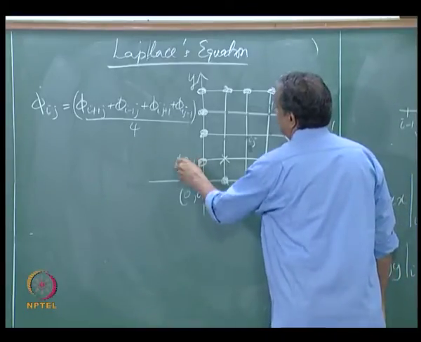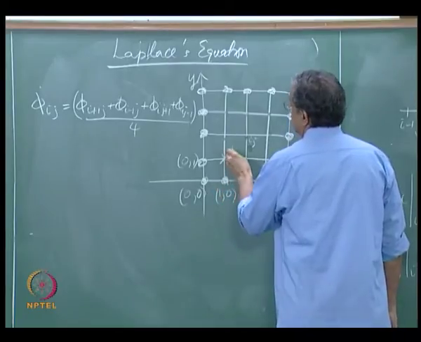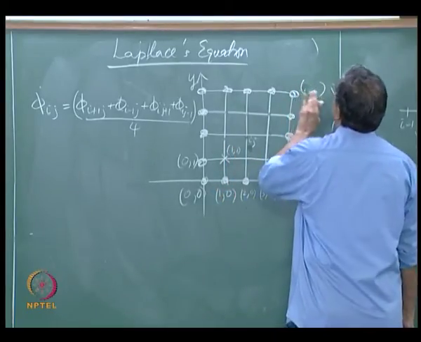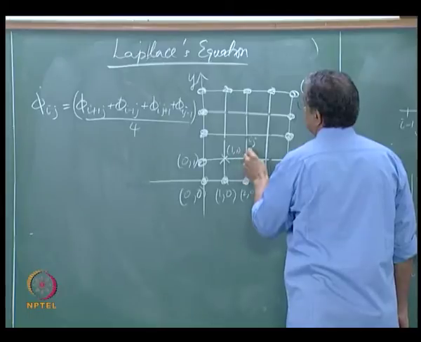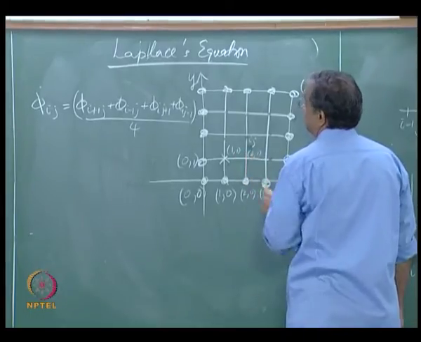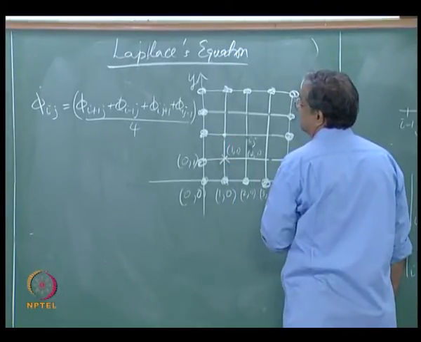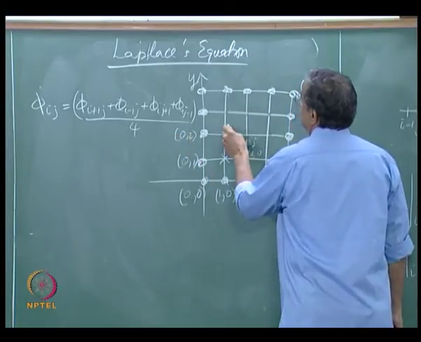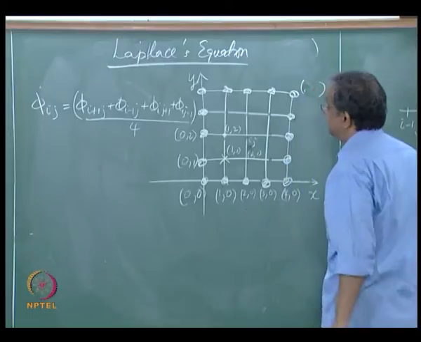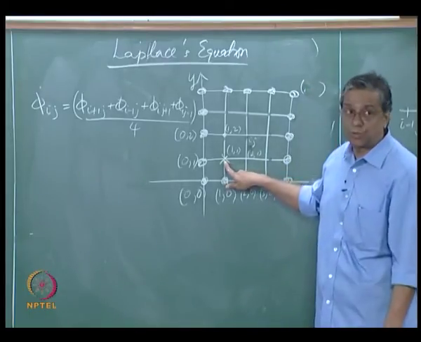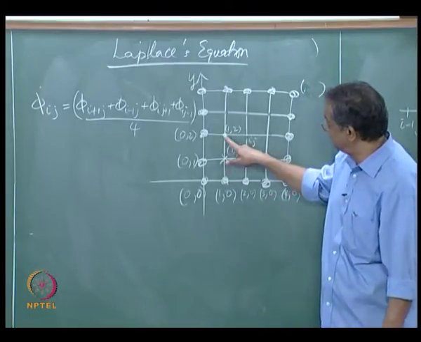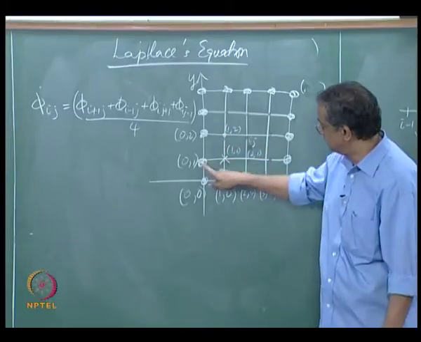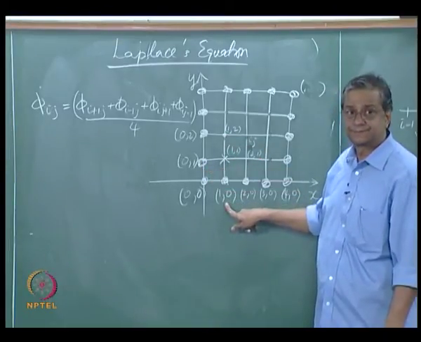So this is 0 1 and this would be 1 1, 2 1 and so on, and this point is of interest. This is 0 2, this is 1 2. So if you want to find the value at 1 1, you need the values at 1 2, 2 1, 0 1, 1 0.